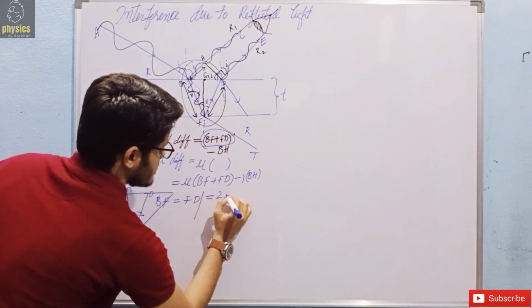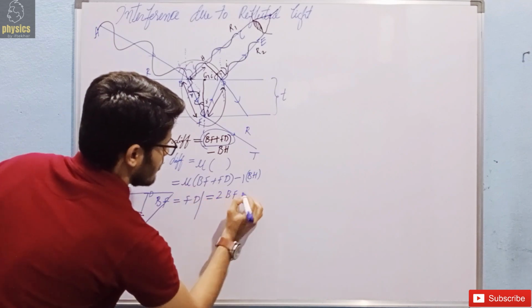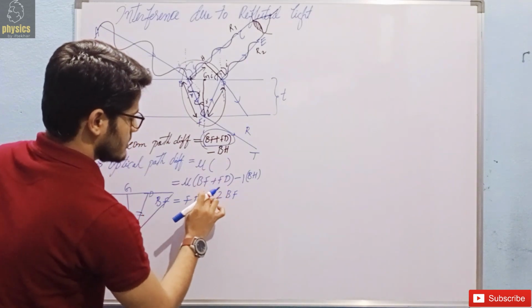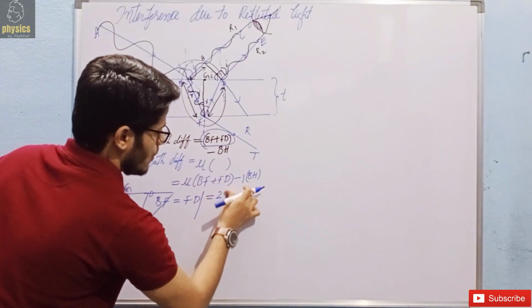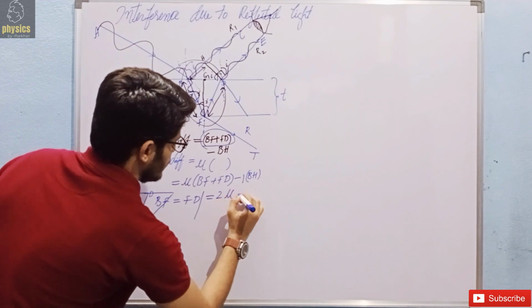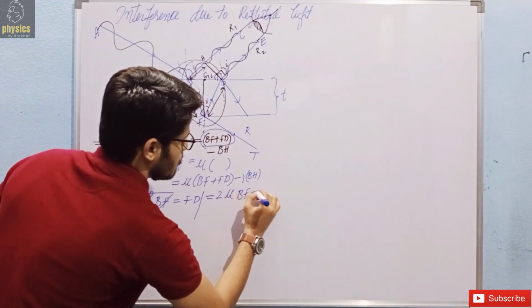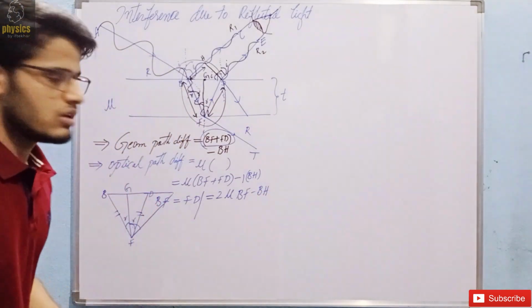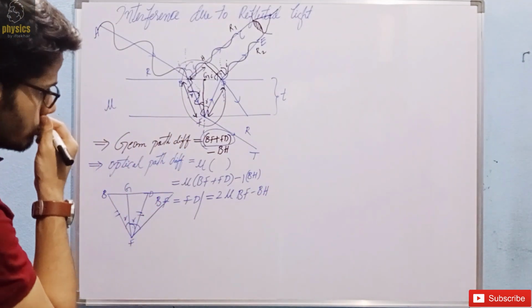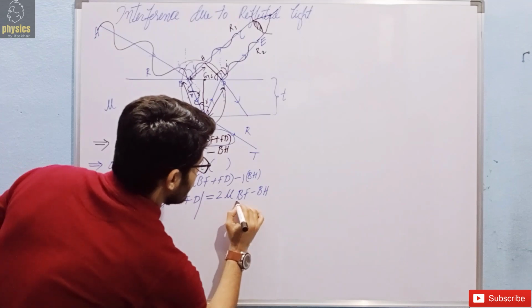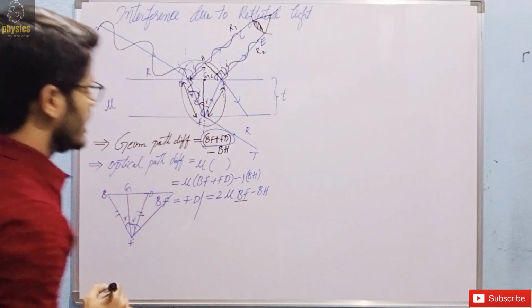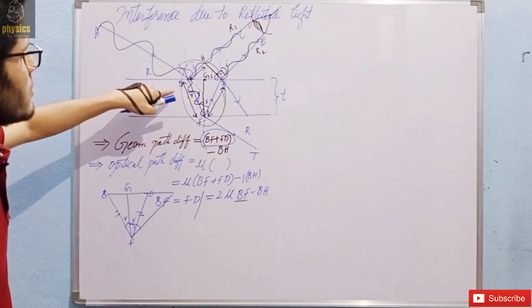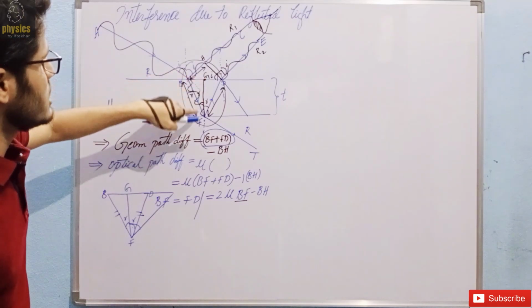So from that I can write 2 mu BF minus BH, because BF is equal to FD. Are you getting my point? Now I have to find out the value of BF. In which triangle is BF coming? BF is coming in the triangle BGF.